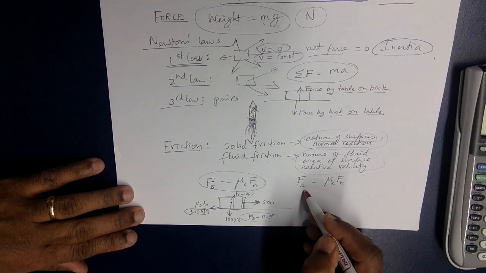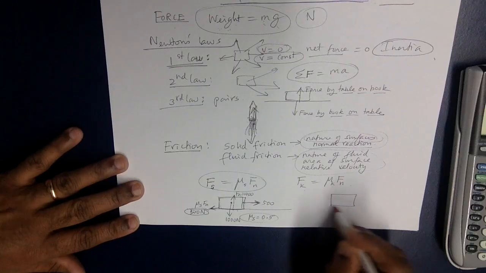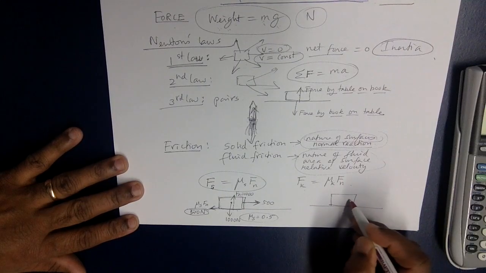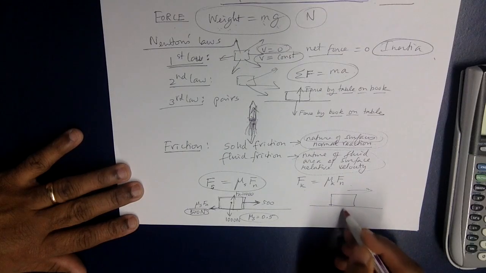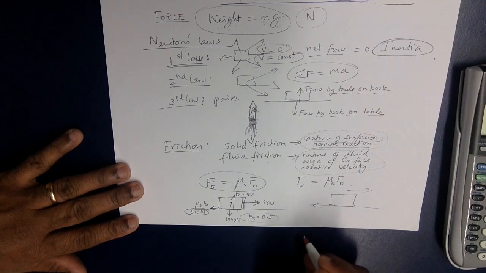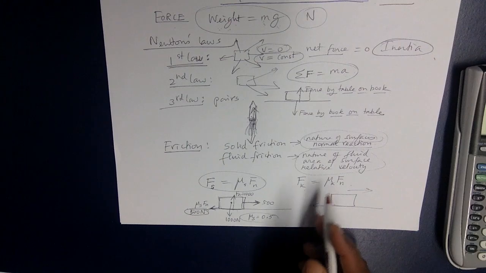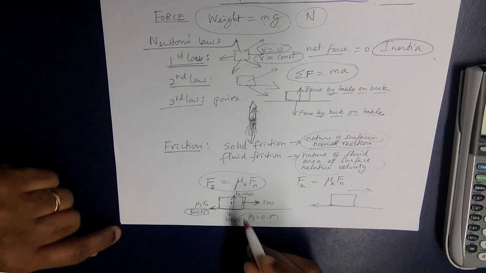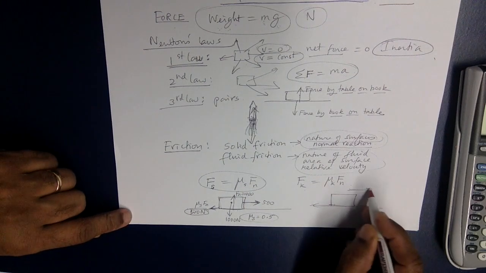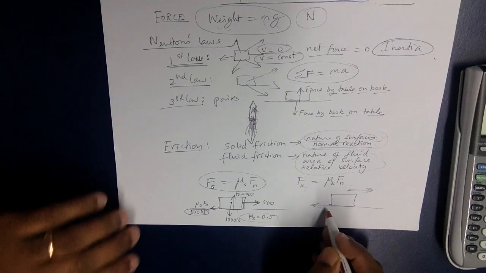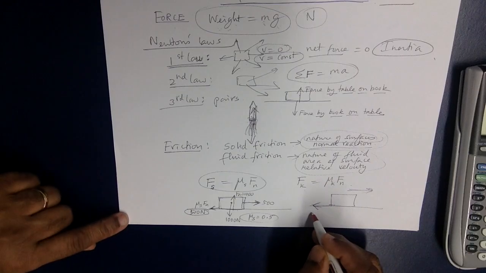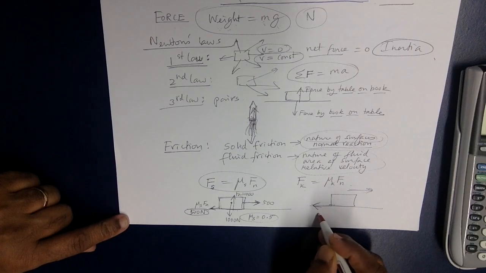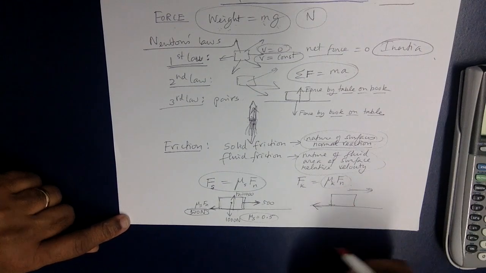Coming to kinetic friction, if an object is moving between two surfaces, there is a kinetic friction. Now, kinetic friction is not as big as static friction. It's always smaller. If an object is already moving, the kinetic frictional force that can come into play is given by this equation.